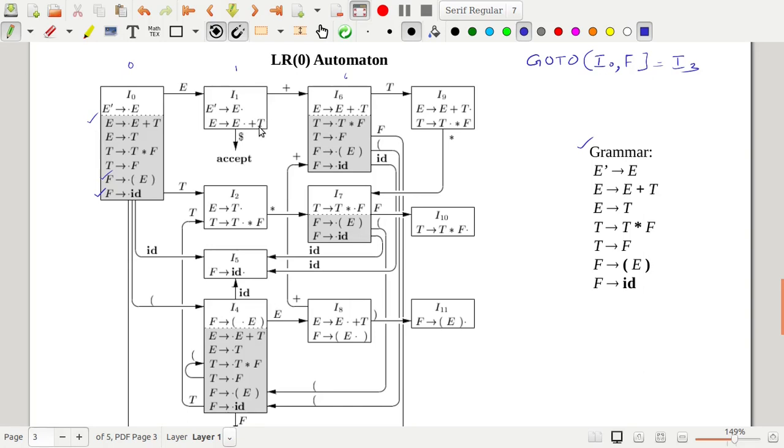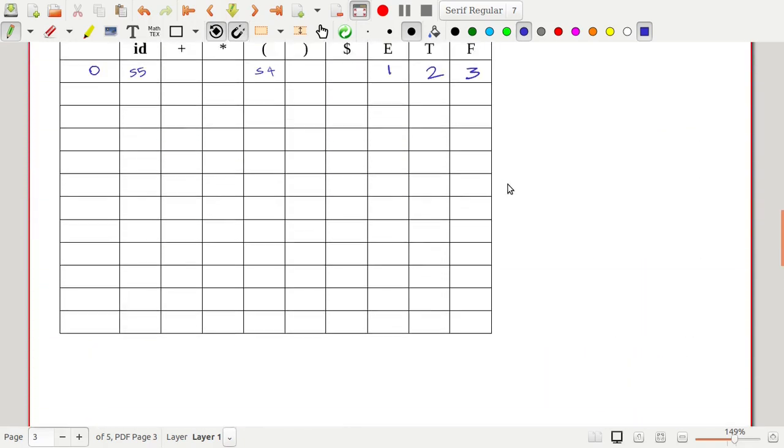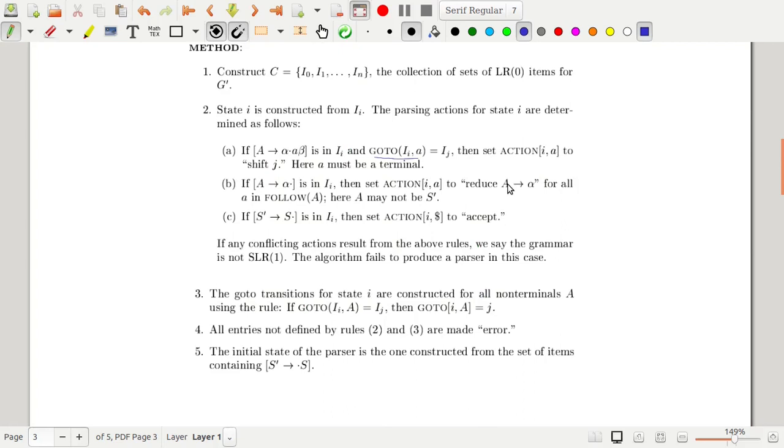So what will we look at in our algorithm? What is the algorithm? The first case: if A gives alpha dot a beta in Ii, and go to of Ii comma a is equal to Ij, then set action of i comma a is equal to shift j.